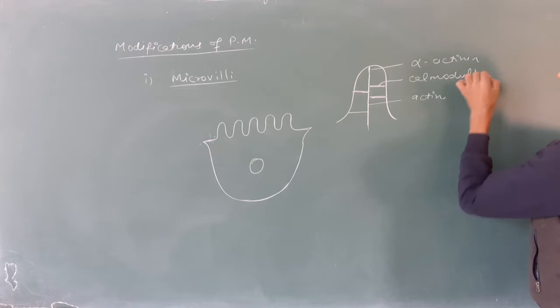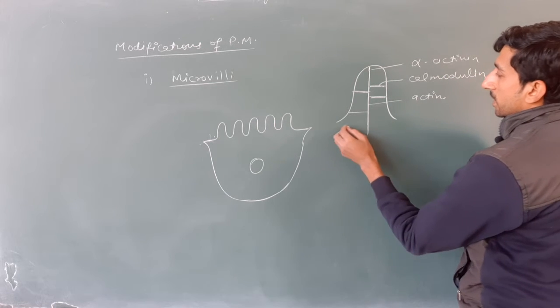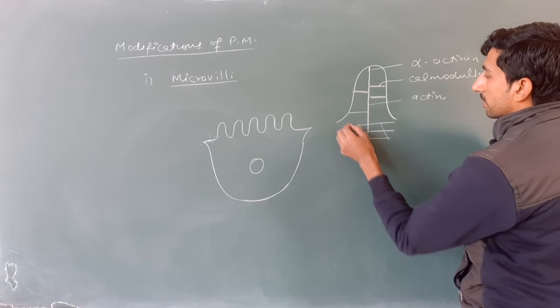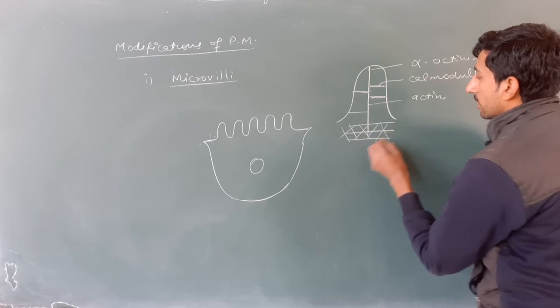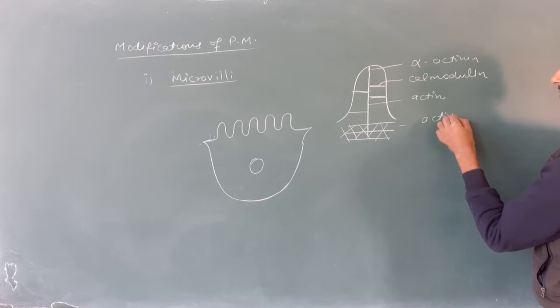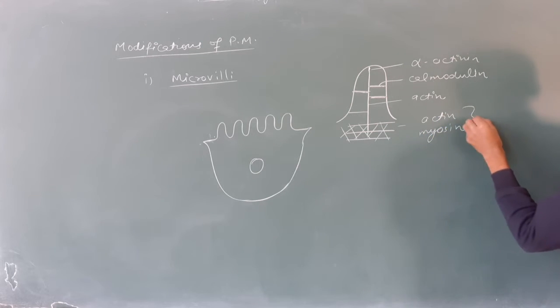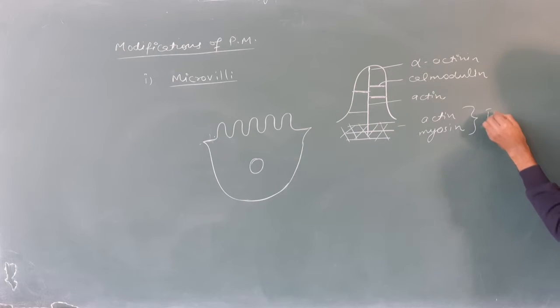calmodulin, and at the base it forms a network of actin and myosin which collectively forms the terminal web.